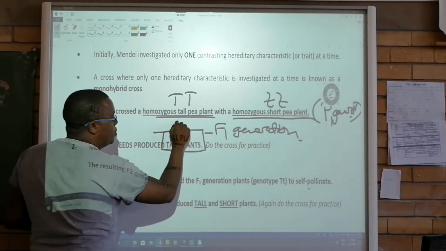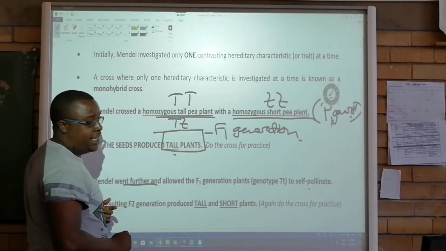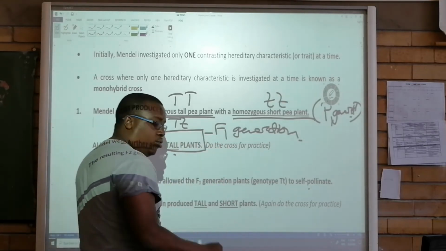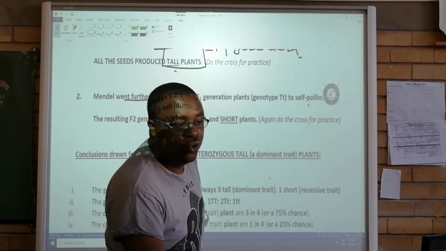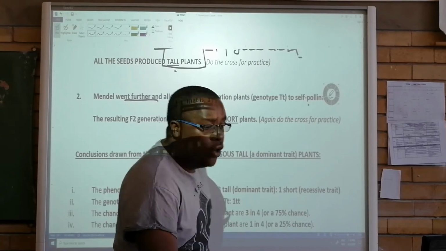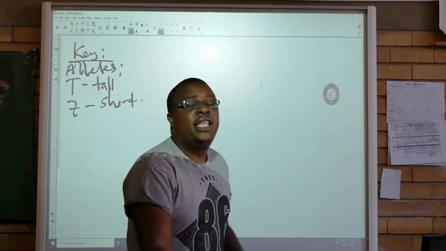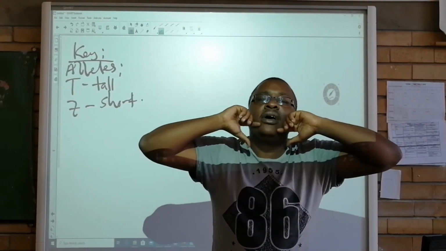Two different alleles. So the F1 generation was what? Heterozygous. Then he allowed the F1 generation plants to self-pollinate. If the F1 generation plants were allowed to self-pollinate, they became what? Became P2.